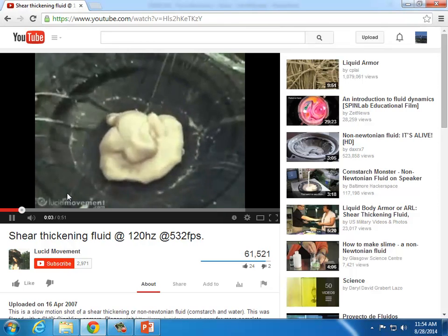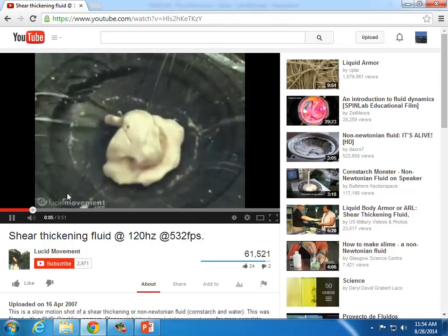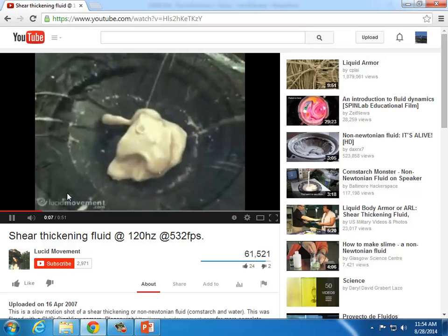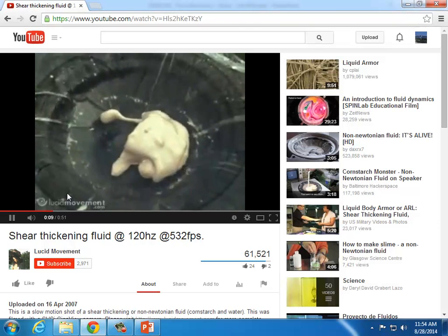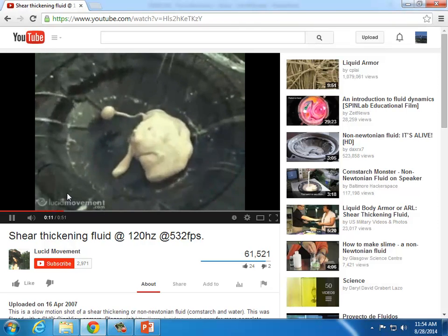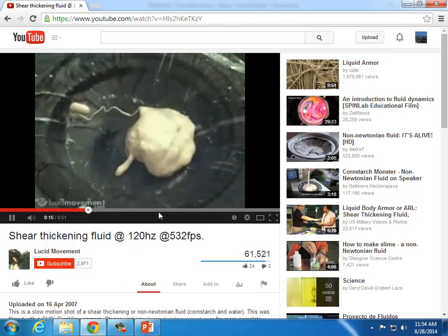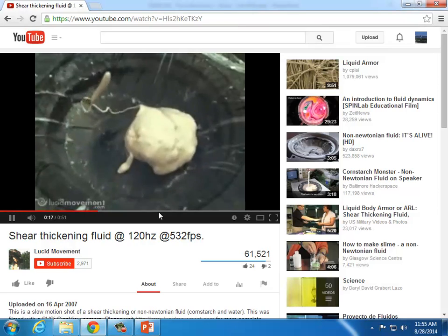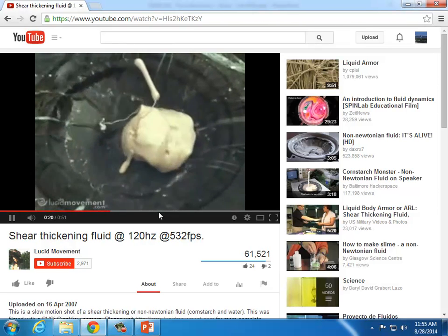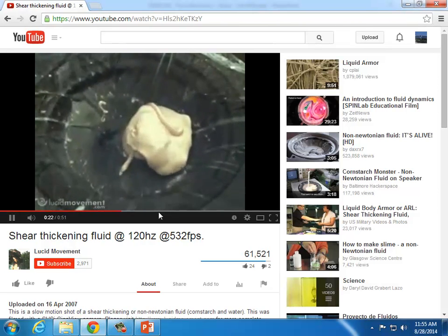Okay, this is a mixture of cornstarch and water. And what people will sometimes do is they'll put this liquid onto a vibrating speaker, like put a piece of plastic over a subwoofer that's vibrating.